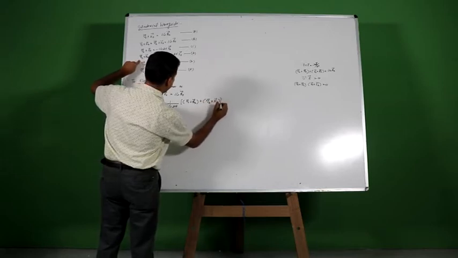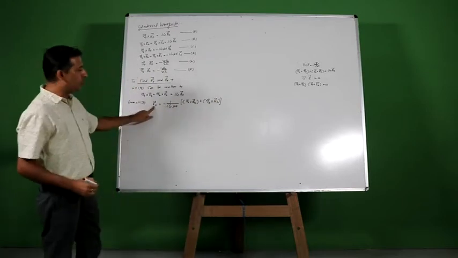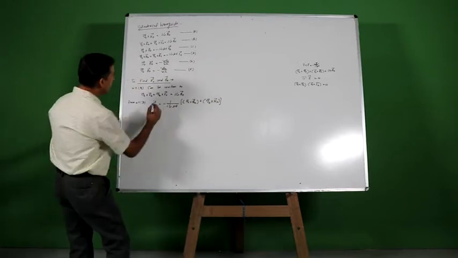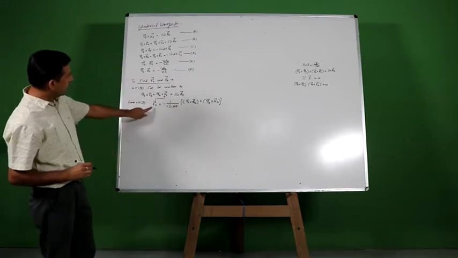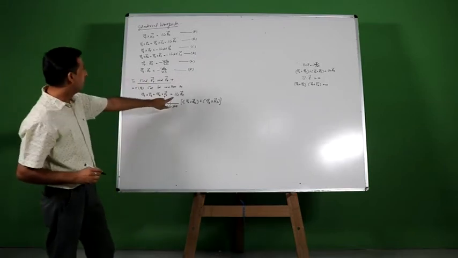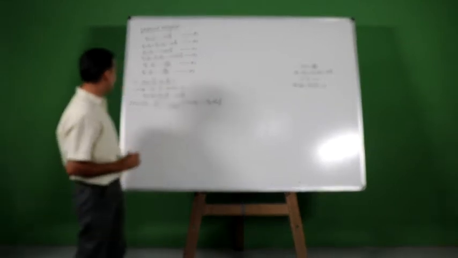This is the value of E_t. And now substitute this value of E_t in this equation, so by substituting we can find the value of B_t.